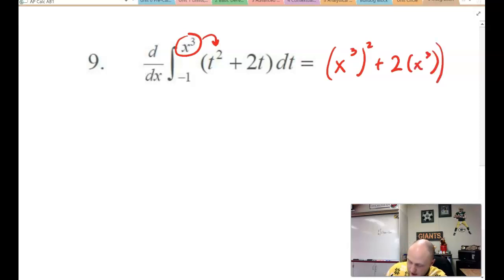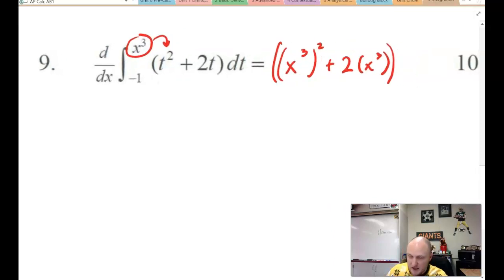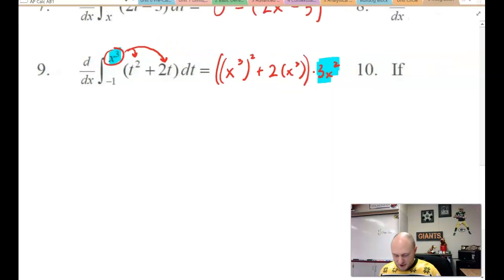Then I'm going to multiply all of this times the derivative of x cubed, 3x squared. And there's our answer. All we have to do is plug this in, and since I can take a derivative of that, I multiply by that. That's the chain rule form.